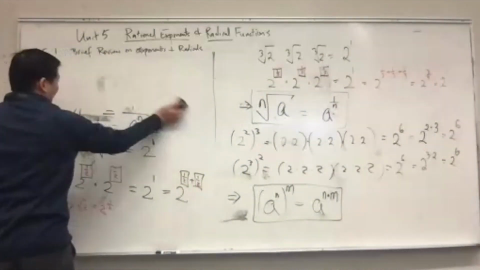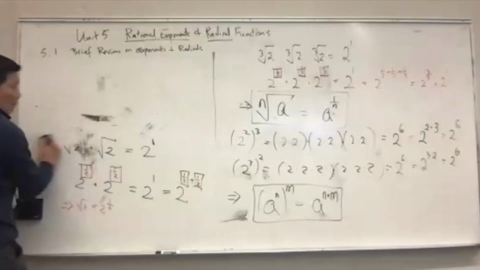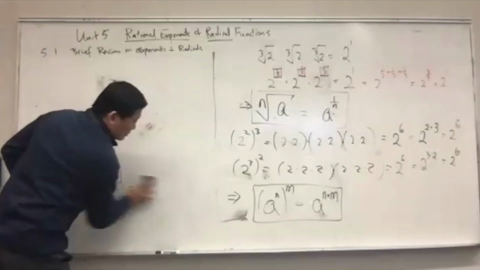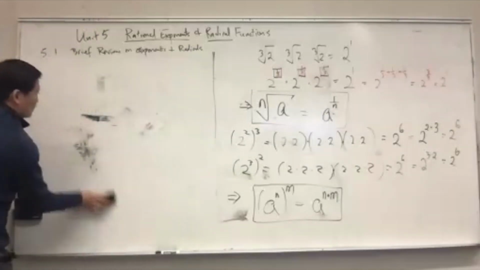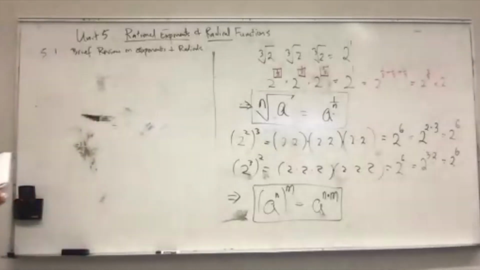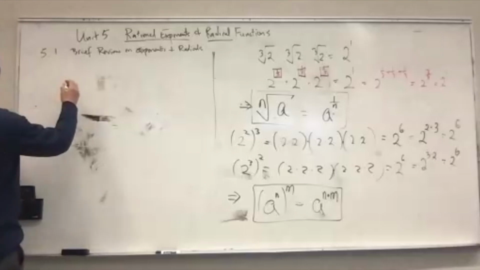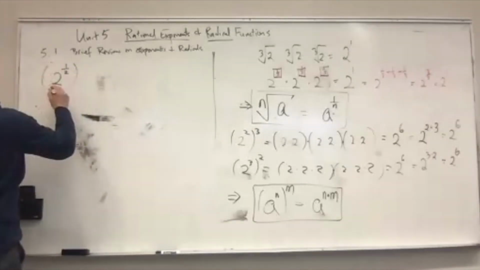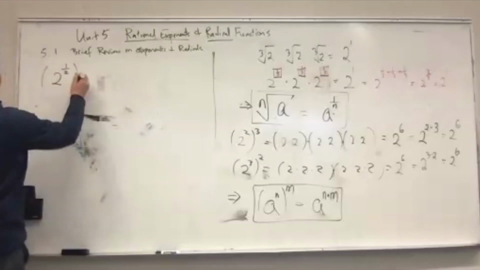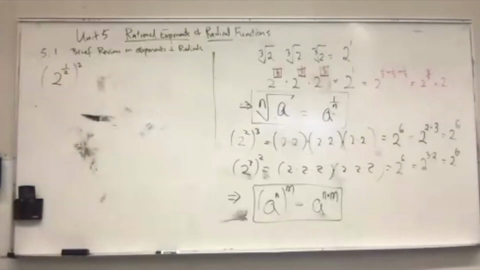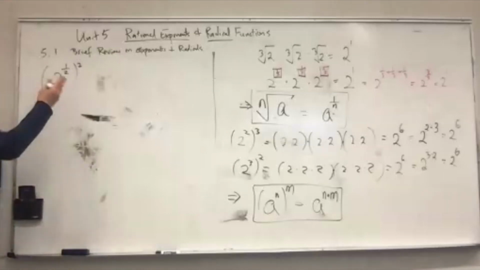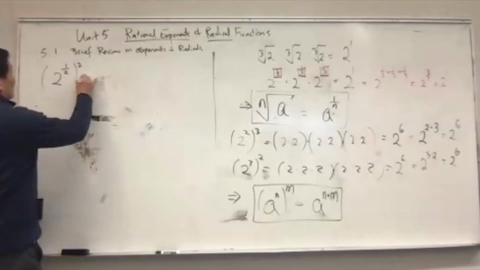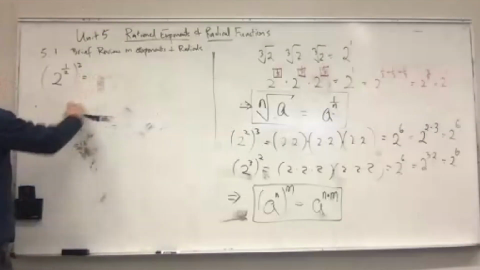So, moving on from that and building from that, here we got 2 to the 1/2 power squared. Now we know 2 to the 1/2 power just means square root, right? But it doesn't matter. We can do it this way.